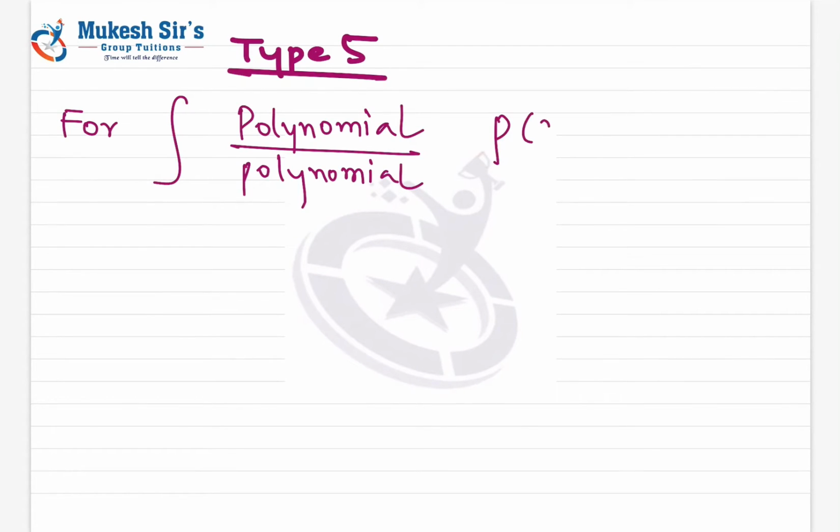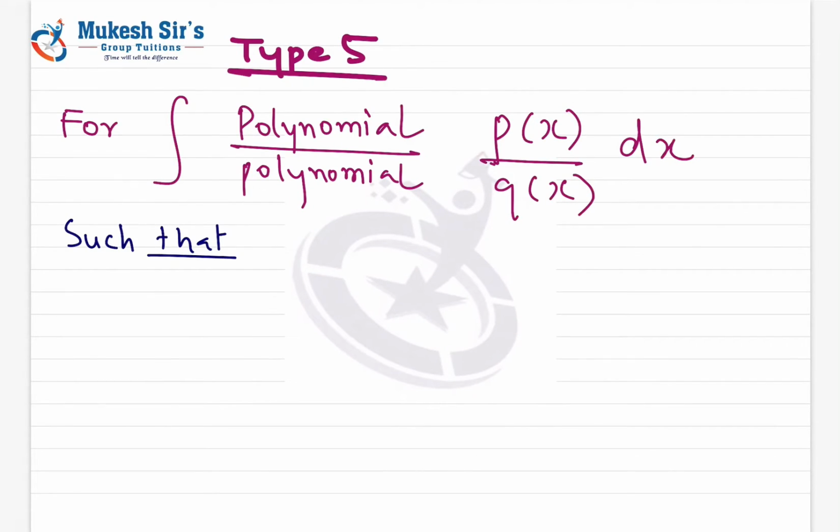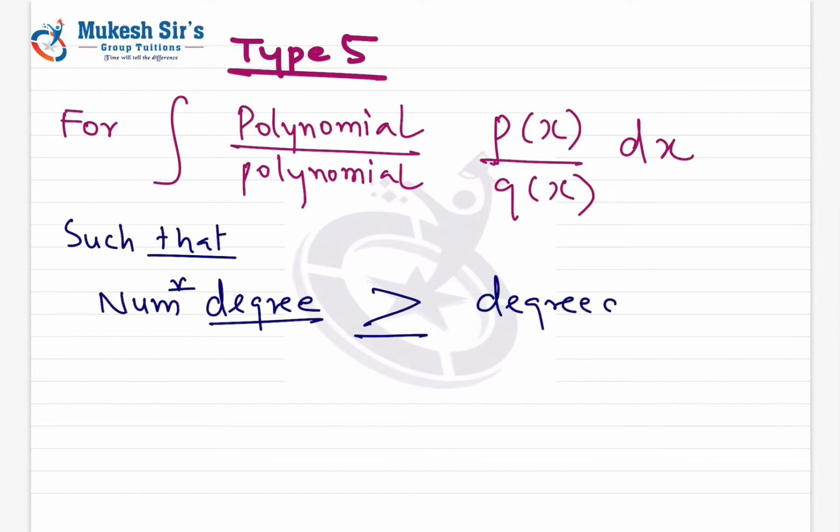So you can say integration of p of x upon q of x dx such that there are still different methods you study in the later part of the chapter. This is the basic type, such that the degree of the numerator is greater than or equal to the degree of the denominator.